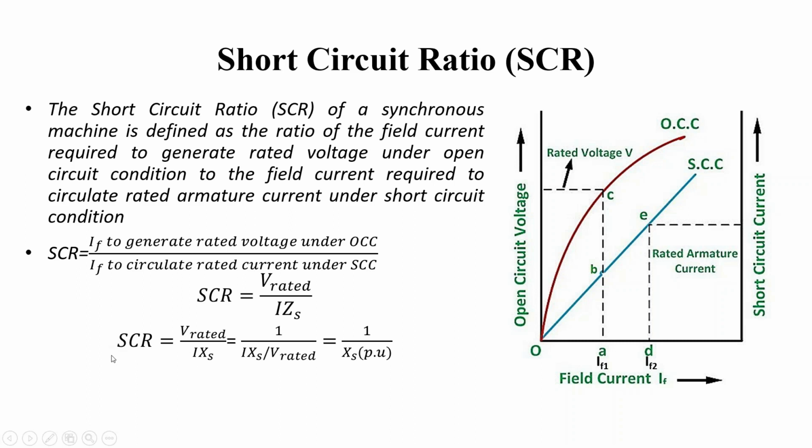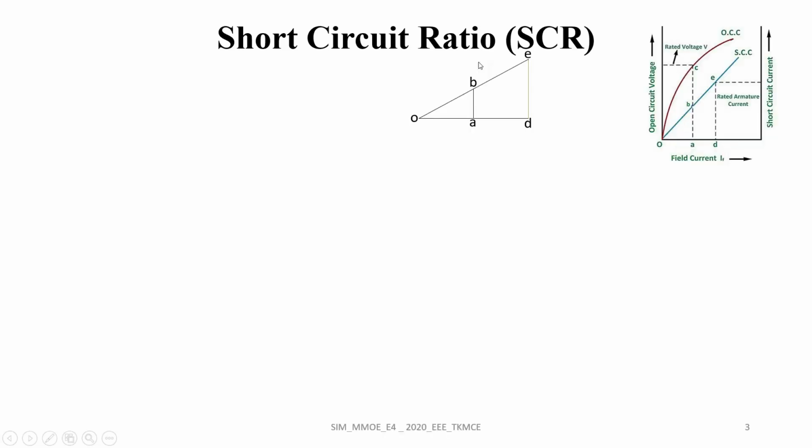We can derive the expression for SCR from these OCC and short circuit characteristics itself. Now let's derive the expression for SCR using these open circuit and short circuit characteristics. From these characteristics, we can see two right angle triangles, that is right angle triangle OAB and right angle triangle ODE. So I am drawing that one separately here.